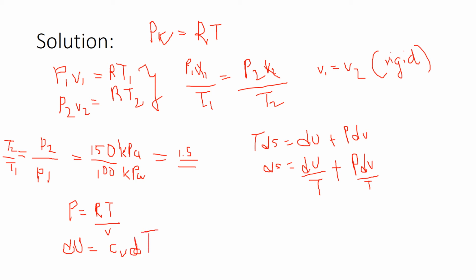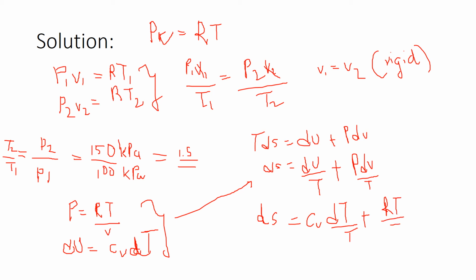So now I am going to substitute these into this equation. So I can write ds is equal to Cv dT by T plus R T by T dV by V. T and T are getting cancelled.